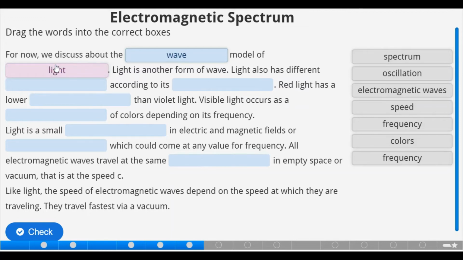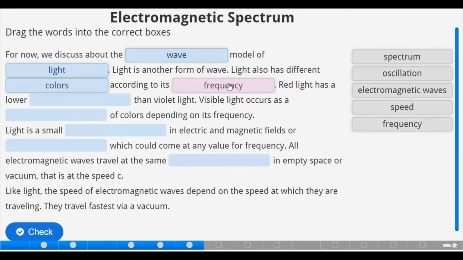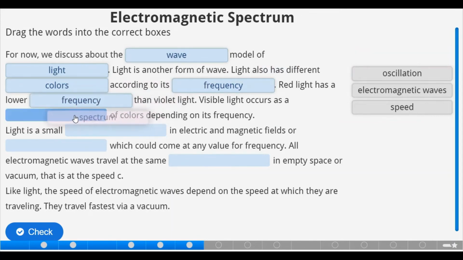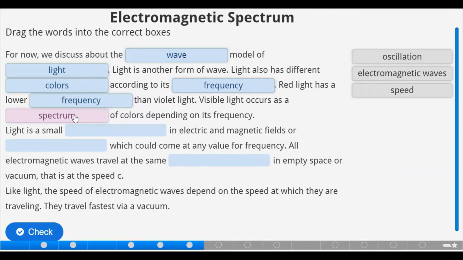Light also has different colors according to its frequency. Red light has a lower frequency than violet light. Visible light occurs as a spectrum of colors depending on its frequency.